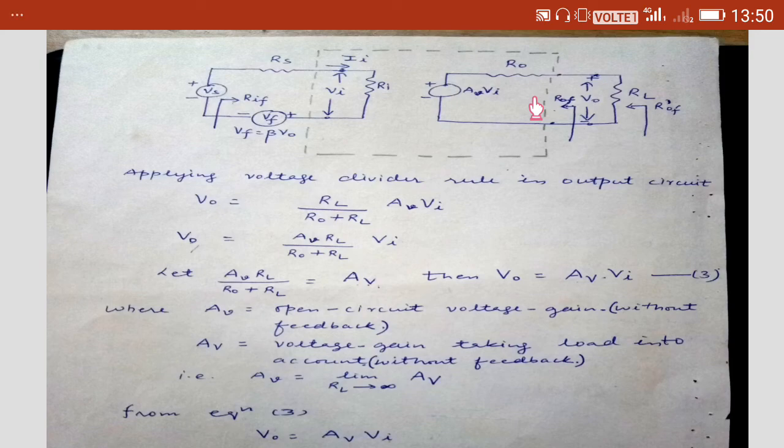So the voltage across RL, which is V0, will be RL upon R0 plus RL into Av Vi.